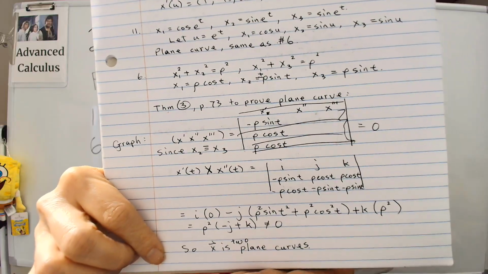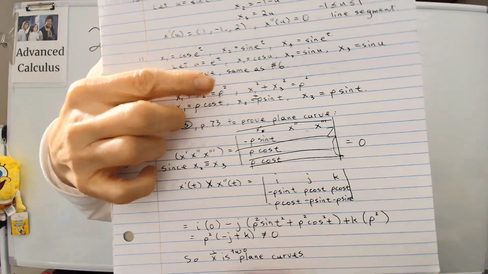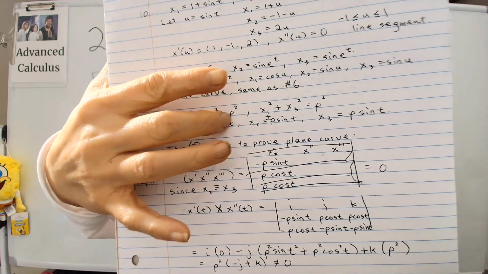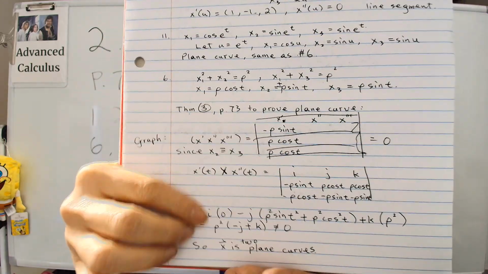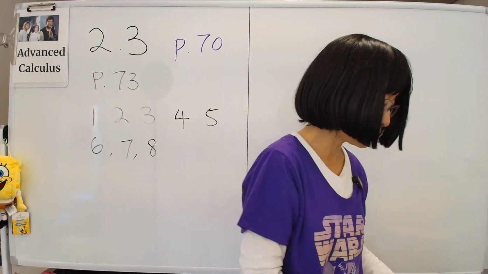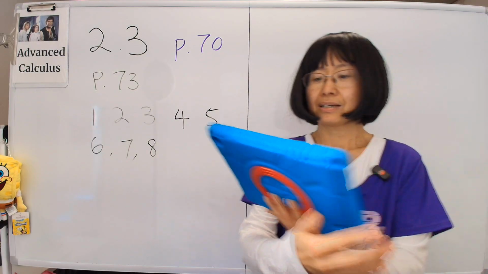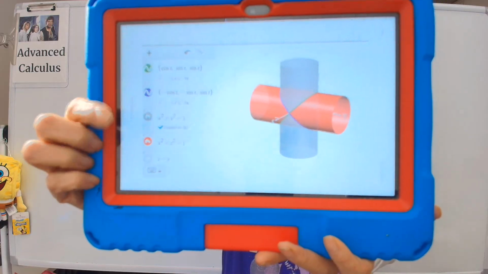So this is the equation right here, and I think in the end you can have a plus or minus in x2, so you come up with two plane curves, and one spins one way and one spins the other way, and I have it here. Yeah, see, these are the two plane curves.